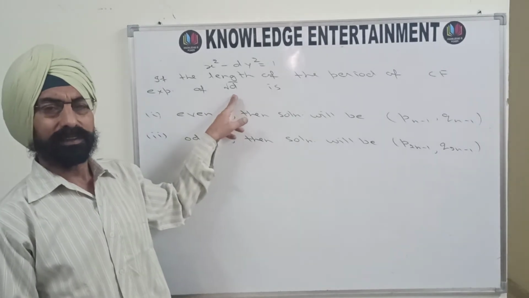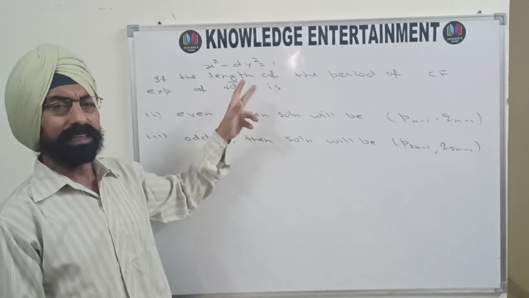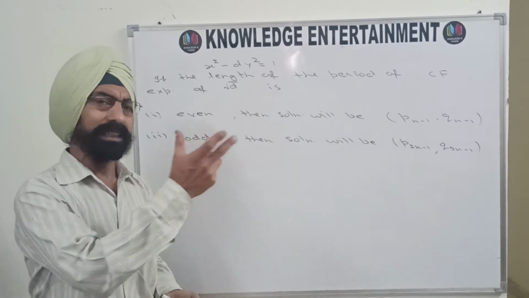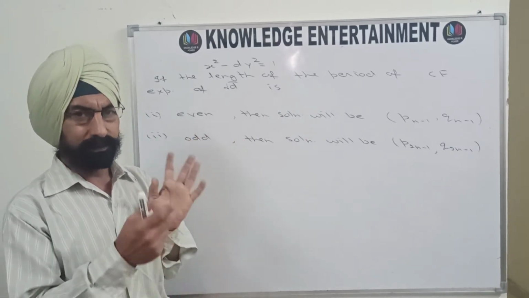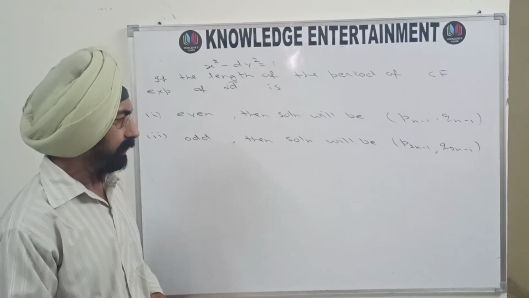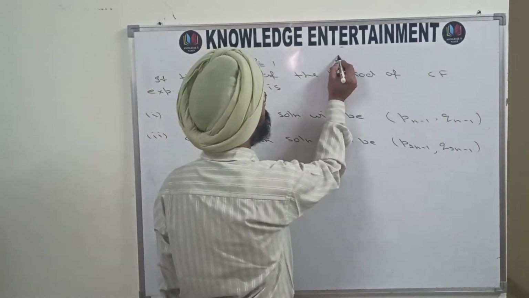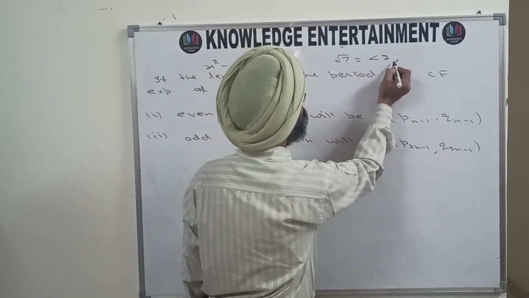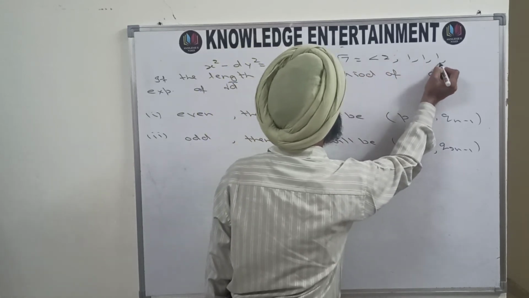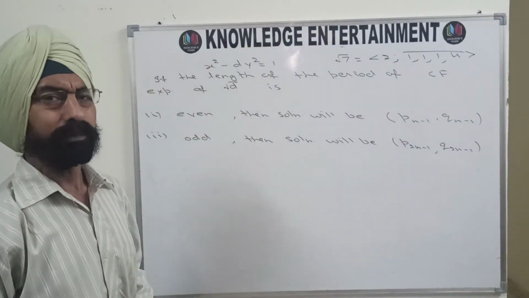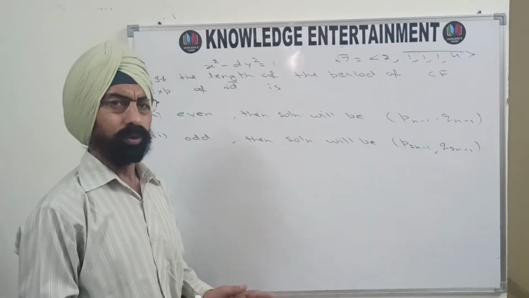So this is an important point to be kept in mind, that when you expand this continued fraction of root d, it will definitely be recurring, and if it is recurring, then definitely there will be a term which will occur again and again, like root 7. If you see, it is, I think, 2 1 1 1 4. It is this, if I am correct. I don't know, it may be wrong.